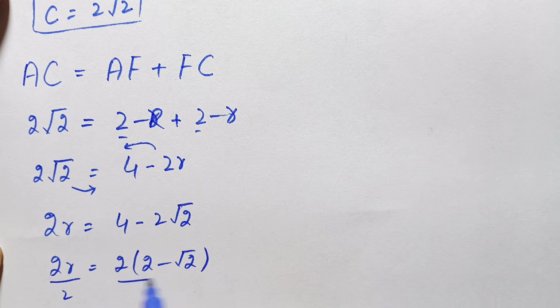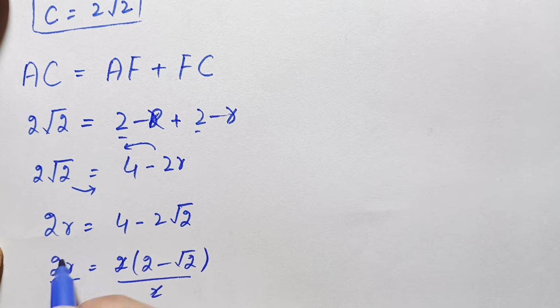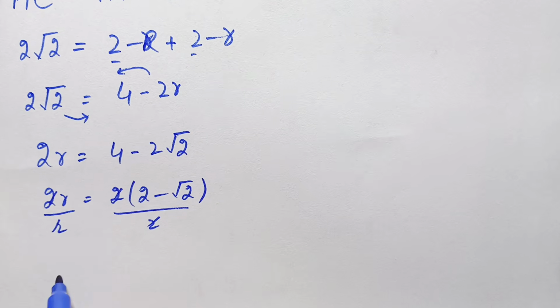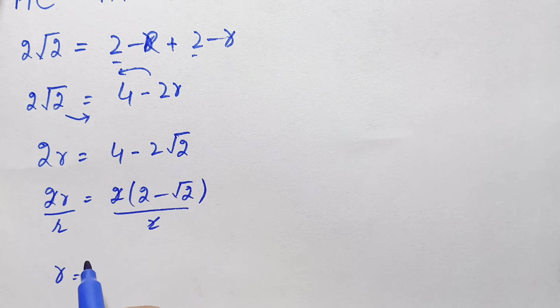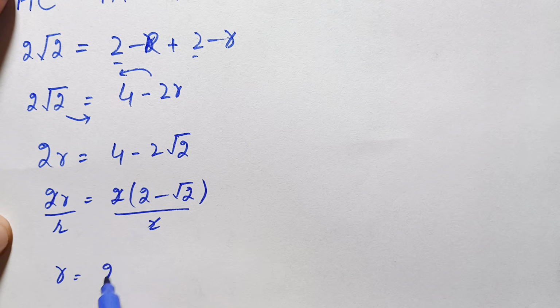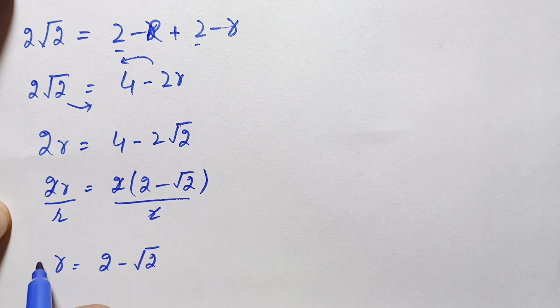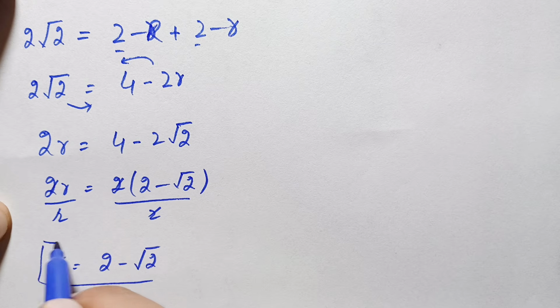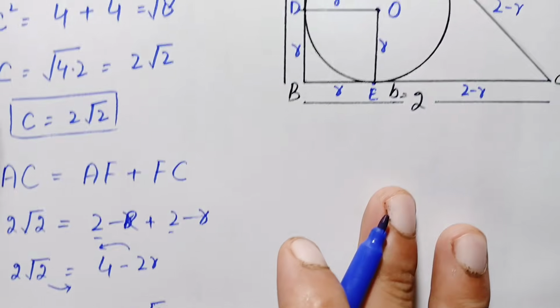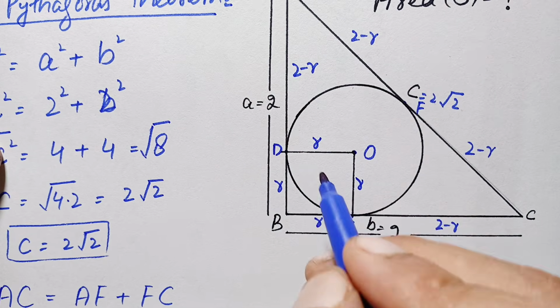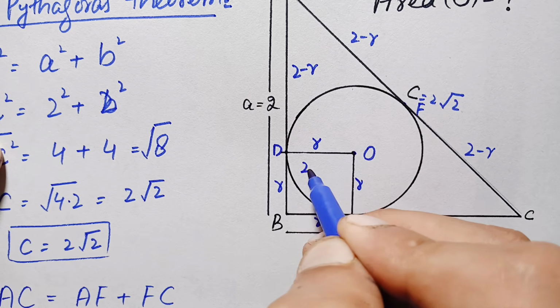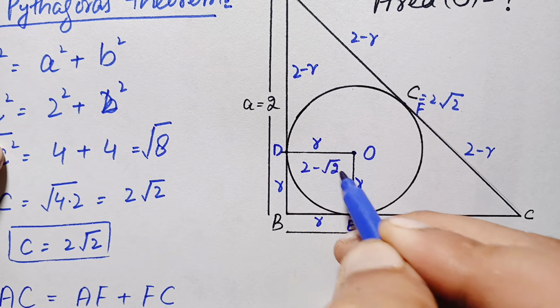We will divide both sides by 2. So the final value of r will become, r is equal to 2 minus square root of 2. So this is the value of the radius. The radius of this circle is 2 minus square root of 2.